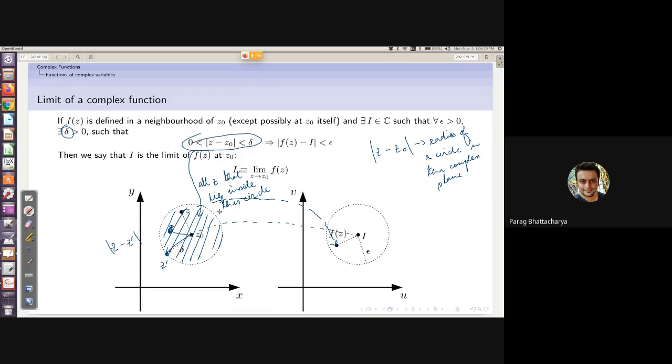When that happens, we say that the limit of this function is l. So the center of this circle becomes the limit of the function as z tends towards z naught. This is basically the definition of the limit of a complex function. Any question?